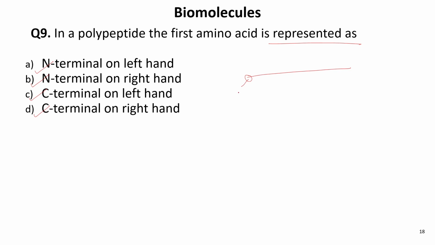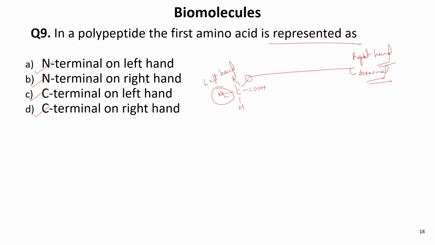It will have this NH2 group, then here the COOH group, then R, then H. So this is the left hand and this is the right hand of this polypeptide, and at the end it will have the C-terminal.